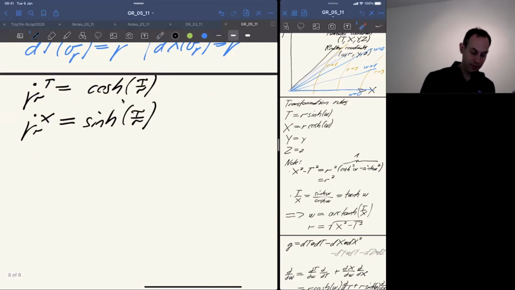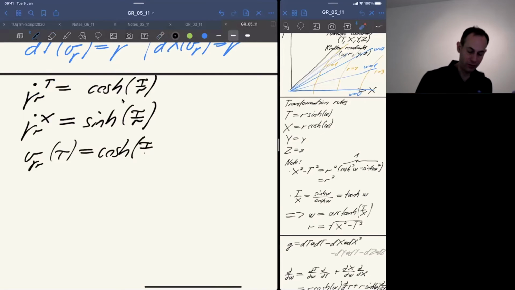And so I could now again write this vector, if you like, at a point tau in terms of the Minkowski coordinates. So this would be cosh. I would just copy the components I've calculated. So the first component is this, but if I write it as an expansion of the basis, I get this expression. So this is now something you should be very familiar with, these types of calculations.